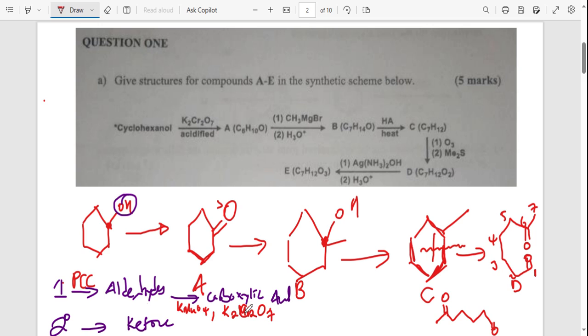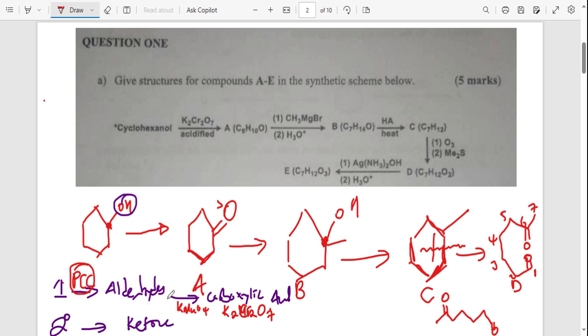I don't know the name of it. So these are strong oxidizing agents. Sometimes you'll see they've not used potassium, they've used sodium in front there. That doesn't affect anything. Whether it's sodium or potassium, don't get confused.